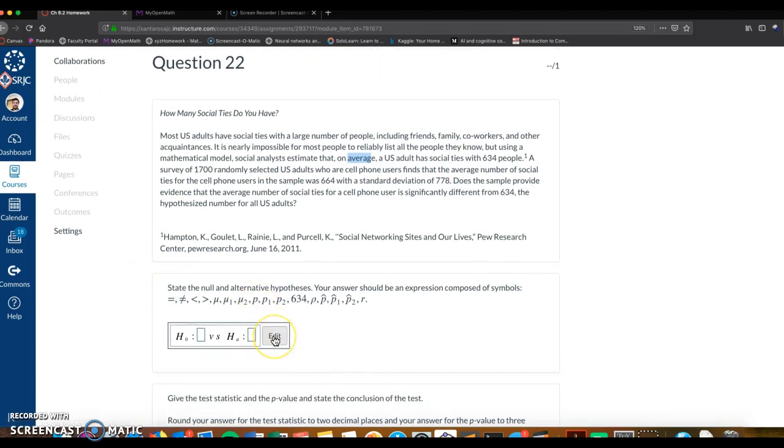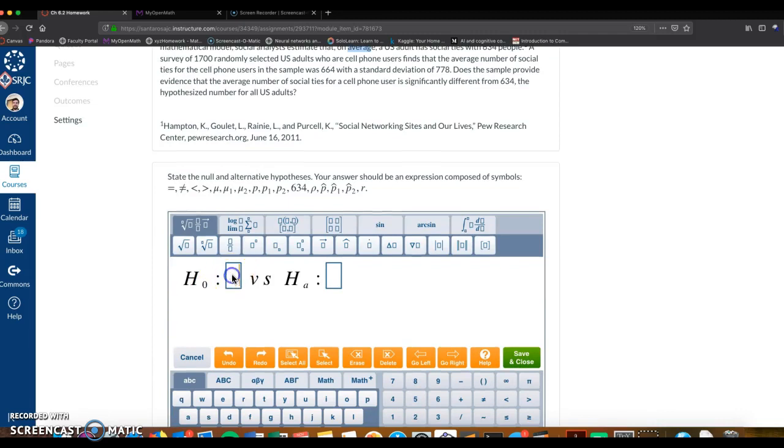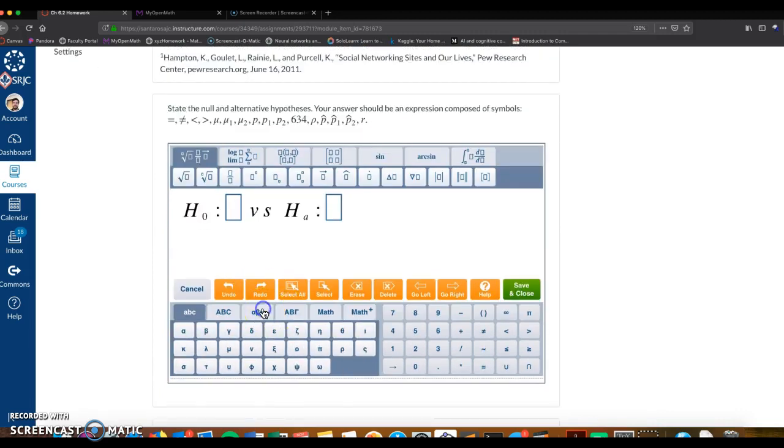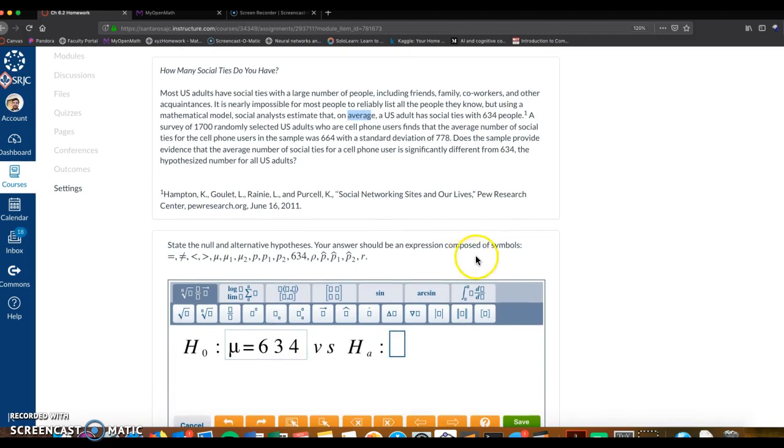All right, I'm going to try to use this edit box. Our null hypothesis in this case, we're dealing with an average. Find the mu button. All right, there you go. And we're going to assume the social analyst is true, that is 634.